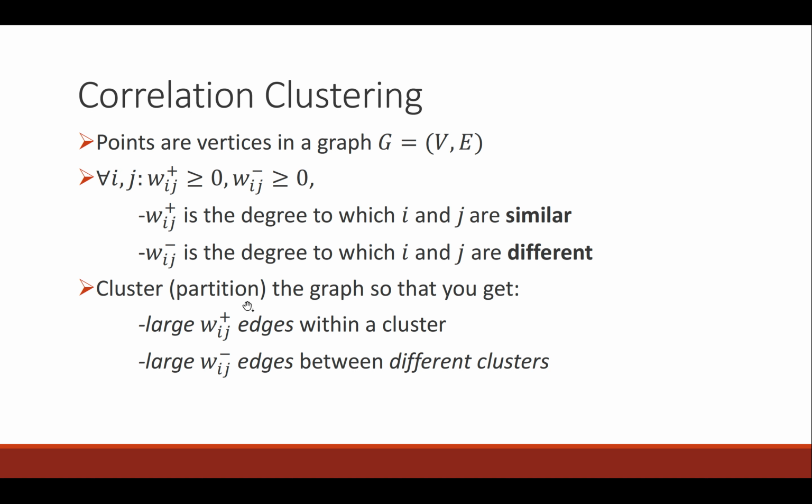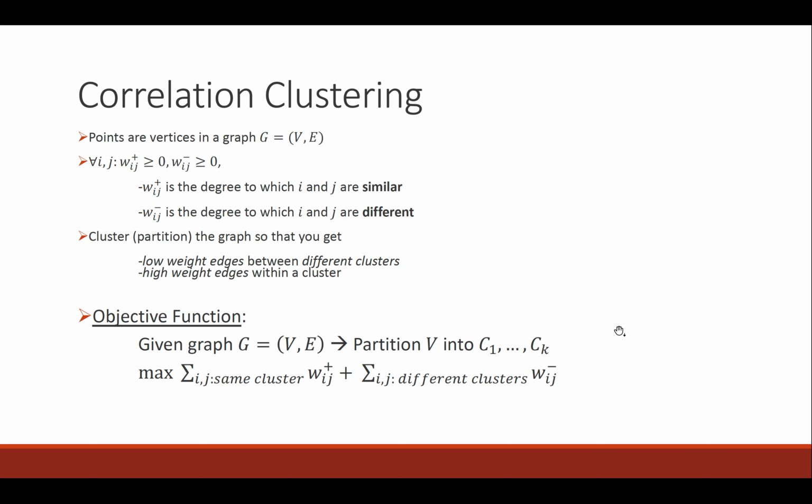So we want to partition the graph so that you get large wij plus within the cluster and large wij minus, large dissimilarity, between different clusters. And formally, this basically leads to the following objective. So given a graph G, we want to partition it into C1 up to Ck in such a way that we maximize the following objective: maximize wij plus between i and j in the same cluster, plus wij minus between i and j in different clusters.